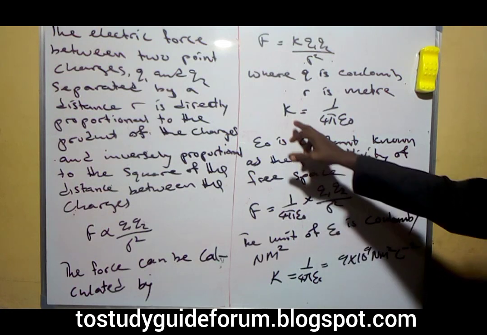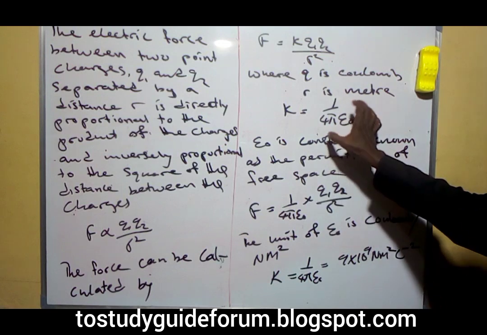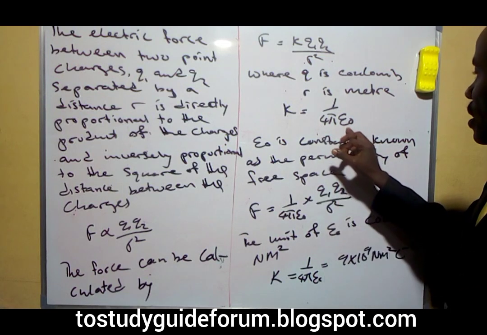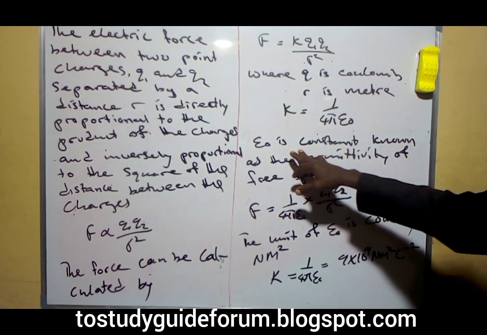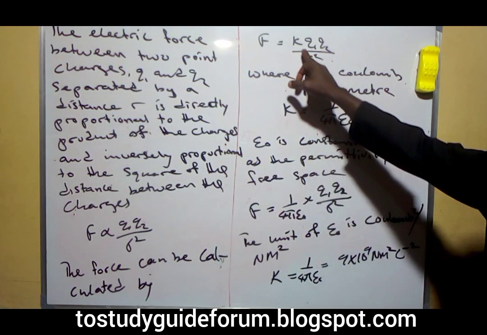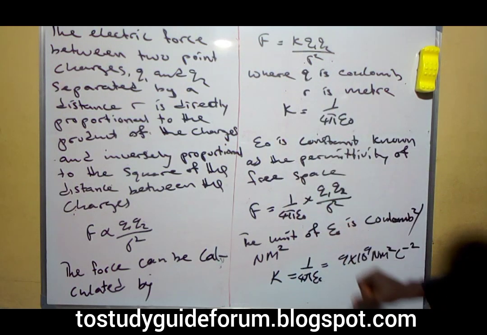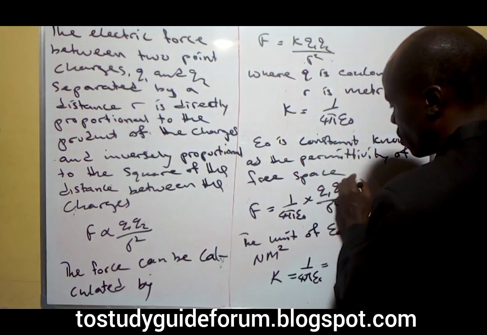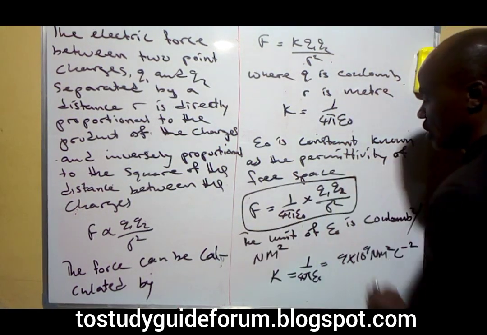So k is equal to this, and the other letter there is what is known as the permittivity of free space, which means when you substitute that for this, you can also get your force with this.